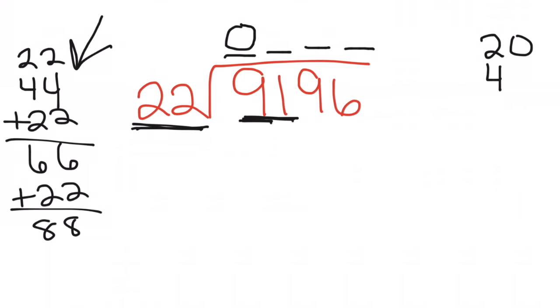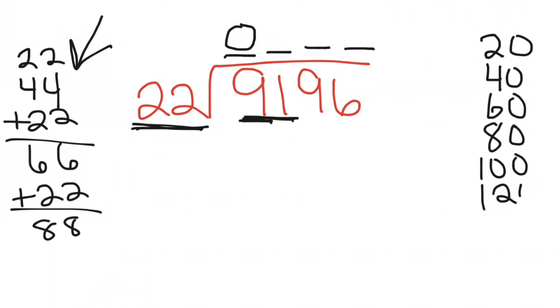So 20, 40, 60, 80, 100, 120, 140, 160, and so on. Now, you may wonder, why did I write down multiples of 20? Well, this number is really close to the number 22, so I know that those multiples of 20 are going to be really close to the multiples of 22.